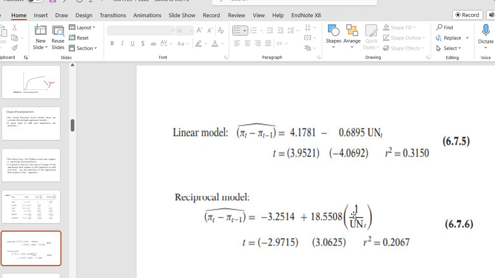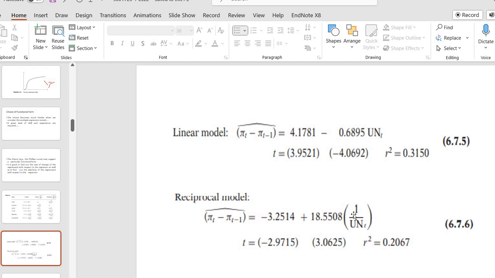If you look at this model, this is a linear model where pi represents the change in inflation, and this is unemployment. So this is basically the Phillips theory, the inflation and unemployment relationship. The first model is a linear model, and the second model is a reciprocal model.